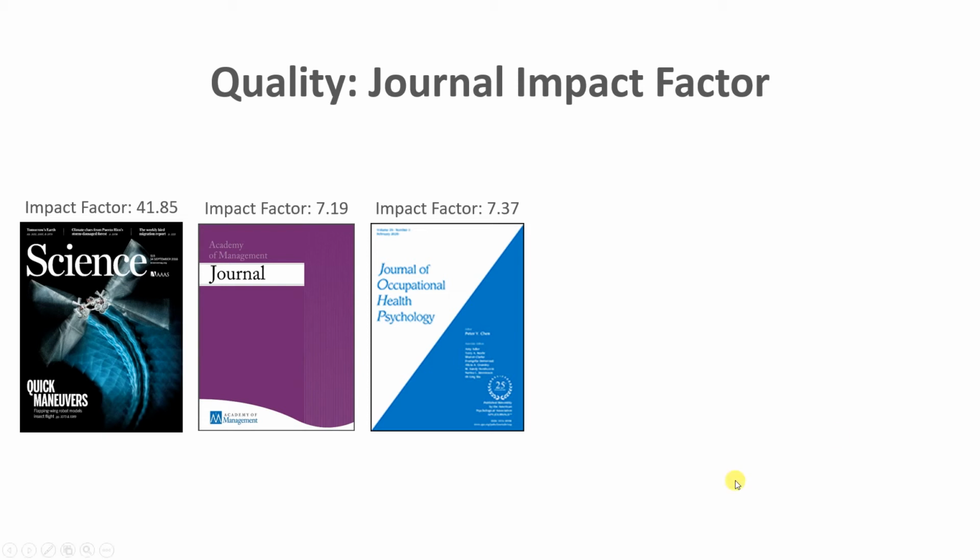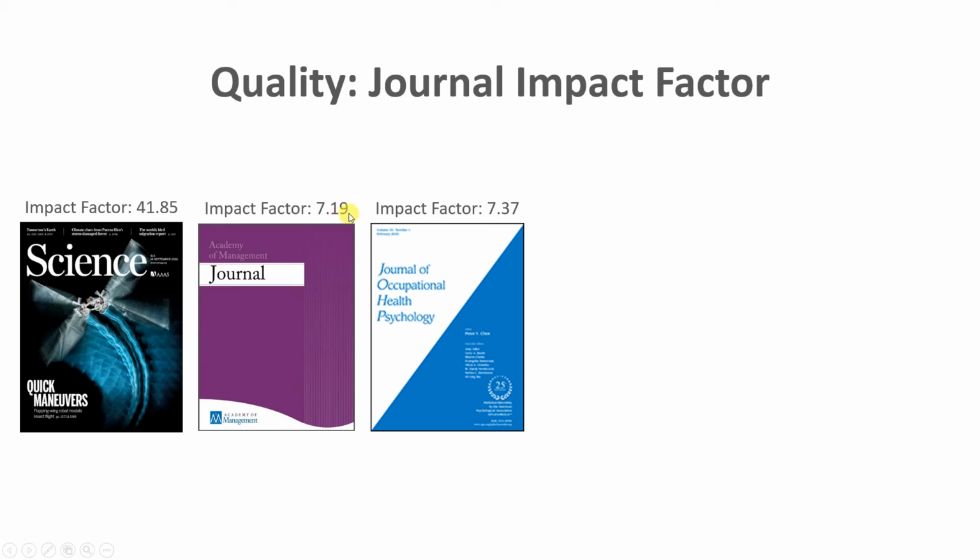Now, one of the highest impact factors that I'm aware of is generally that of Science magazine. If you get published in Science, you're going to have often a lot of visibility, and not just within your particular discipline of interest. This is a general science magazine or journal in general, and so you'll get more exposure. And so that's one of the explanations for why you have a higher impact factor there.